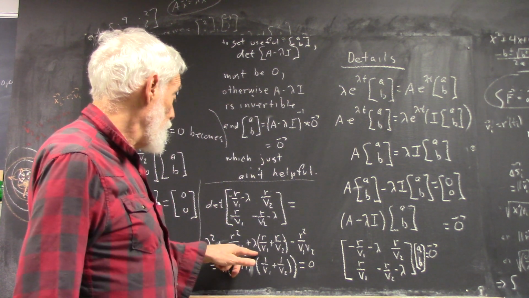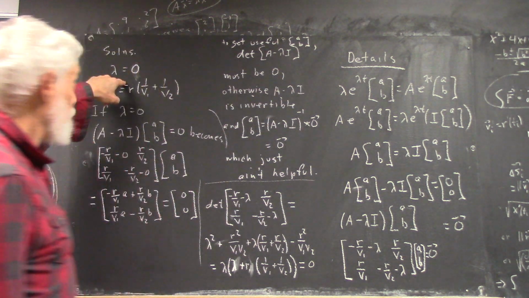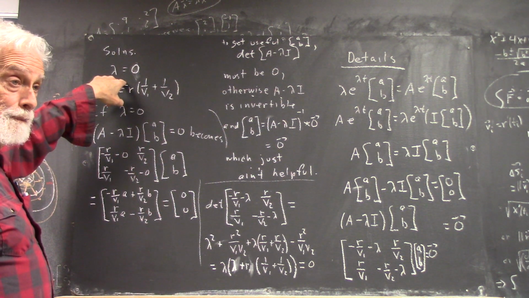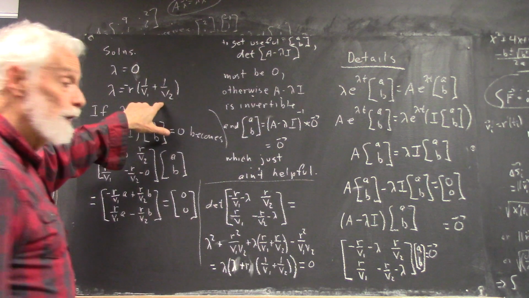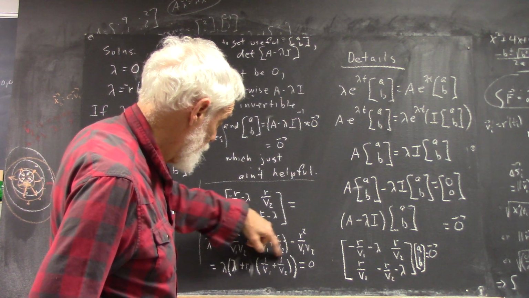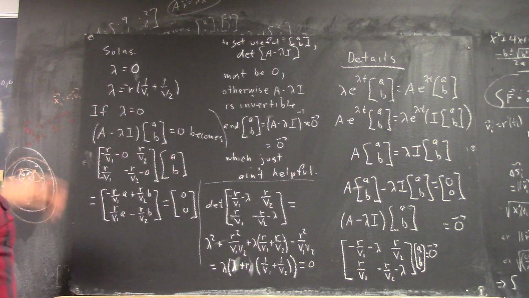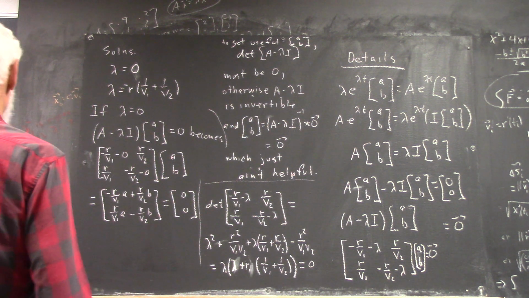So we can factor lambda out of what's left, giving us one eigenvalue that's 0. And then from this factor, it's obvious what the other eigenvalue has to be, because this has to be 0, so lambda is going to be the negative of whatever this is. So now we've got two eigenvalues. Now we're going to solve a problem for the two eigenvalues.